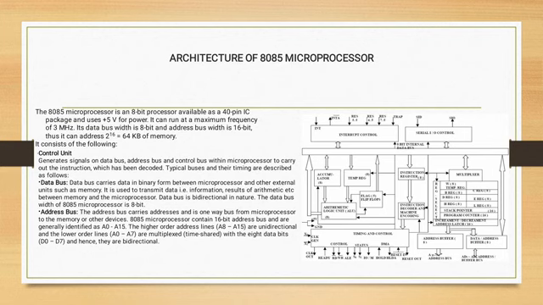Always remember, the programmer cannot form a register pair by selecting any two registers of his own choice. It is not possible. Another point is the HL pair is used to act as a memory pointer, and for this purpose it holds the 16-bit address of a particular memory location. Next is the program counter.